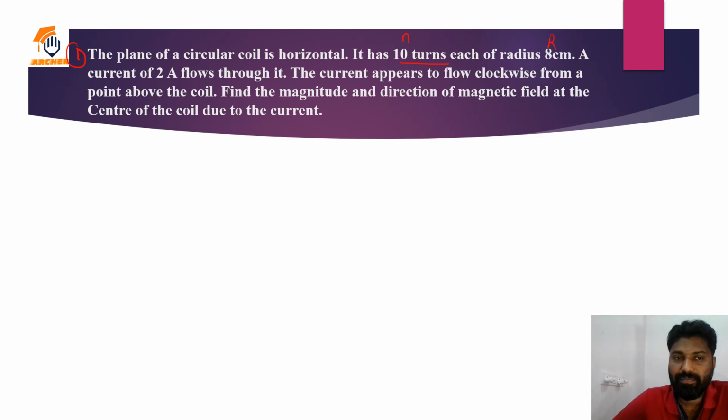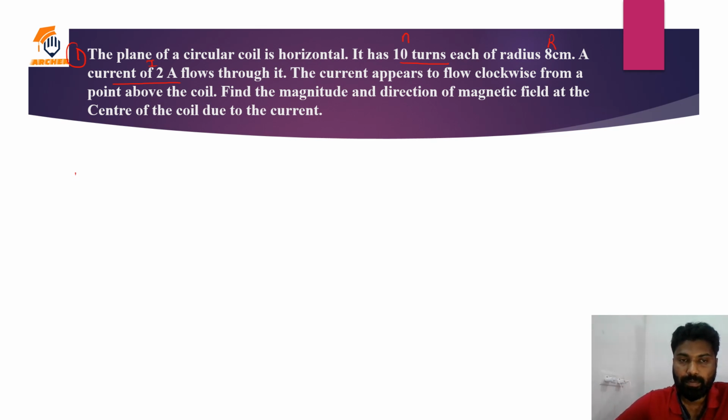A current of 2 ampere, so I is 2 ampere, flows through it. The current appears to flow clockwise from a point above the coil. Find the magnitude and direction of the magnetic field at the center of the coil due to the current.